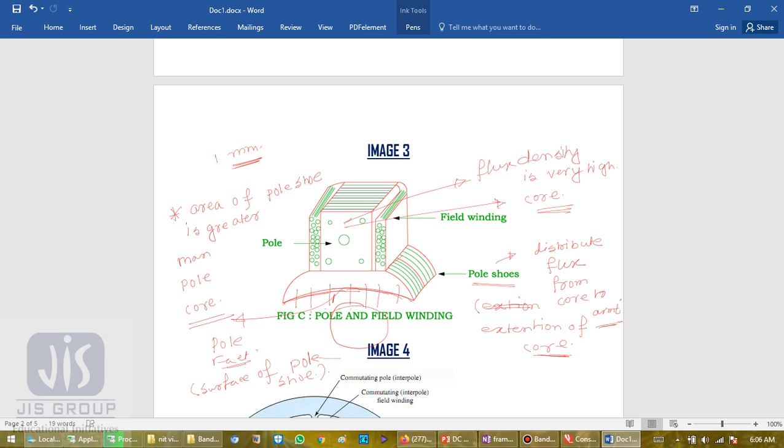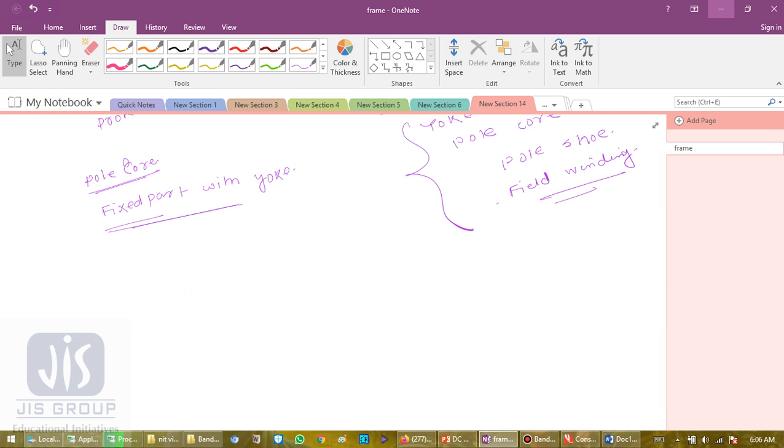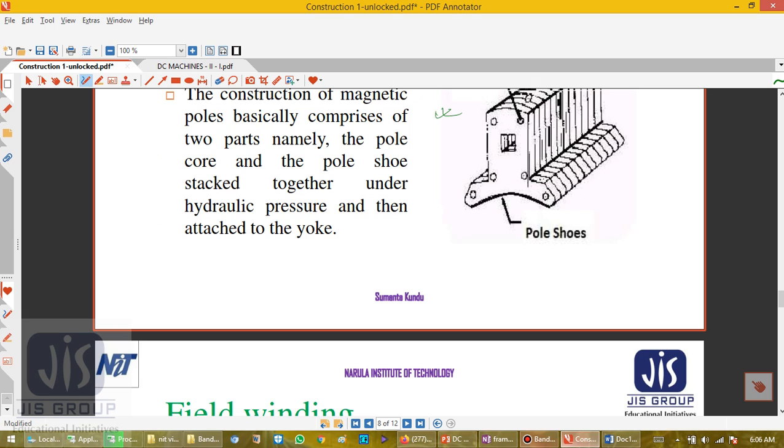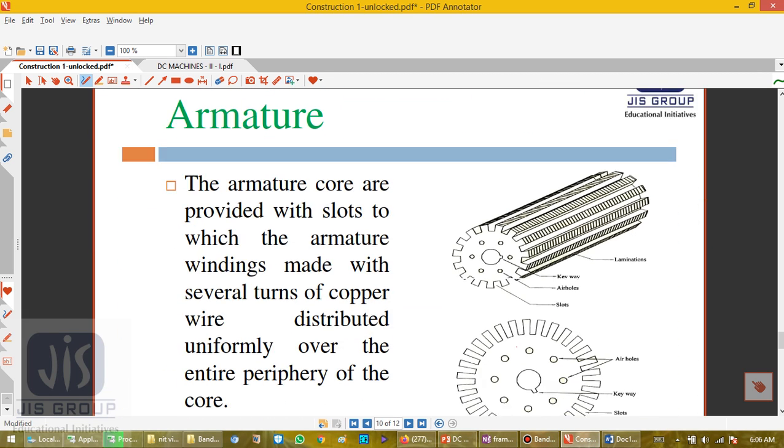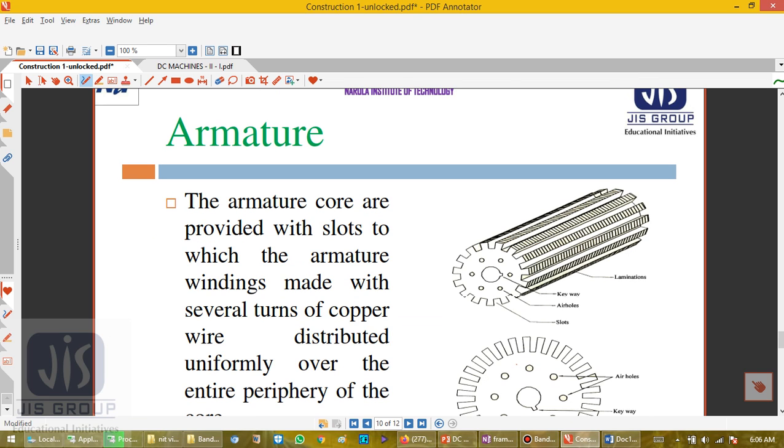Okay, so this is all about the magnetic circuit, yoke and the pole. Now the armature. This is the rotating part of the DC machine.